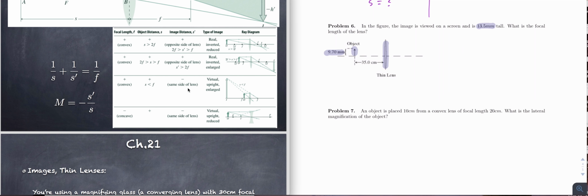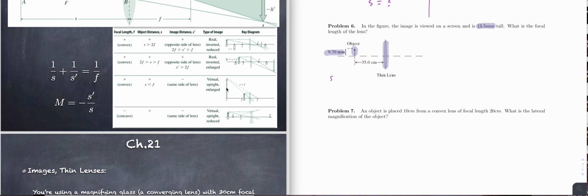So we have 3 rows here for convex lenses, and we have 2 examples where it's being magnified. We have here it's magnified and here it's magnified. We want to know the focal length of our lens.